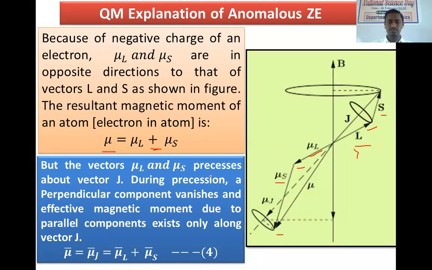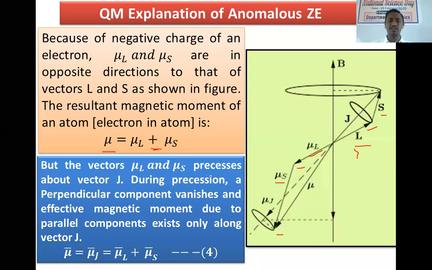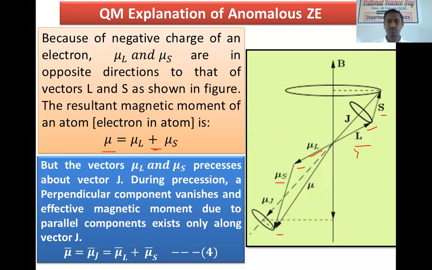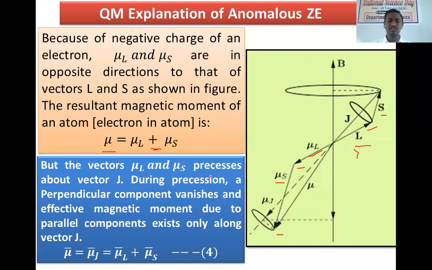So in presence of magnetic field, the total angular momentum or the total quantum number J precesses about the direction of magnetic field. Similarly, the vectors mu L and mu S also precess about vector J. During the precessional motion, what happens? Let us see here.